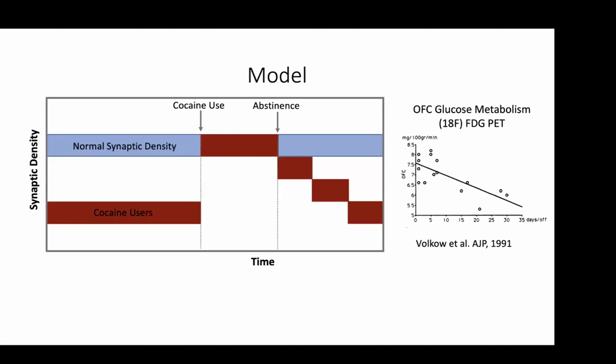So we came up with this model, going back to the background description about compensatory or causal, like which one is first. One hypothesis is that before the cocaine use, these persons could have lower synaptic density. And the cocaine use is, in quotations, a self-medication attempt at normalizing that deficit in synaptic density.